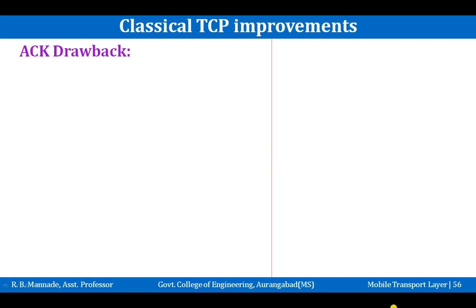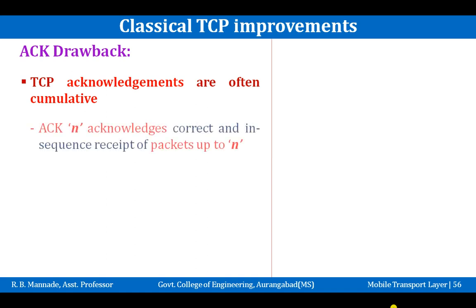The acknowledgement mechanism used by the TCP protocol to make reliable delivery has some drawbacks. The drawback is that TCP acknowledgements are often cumulative. We will see in detail what cumulative means.